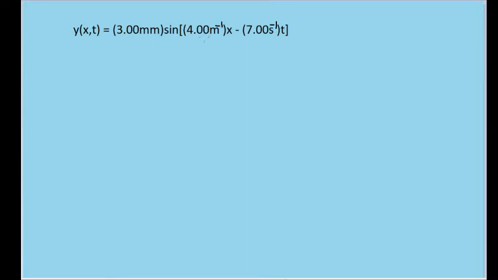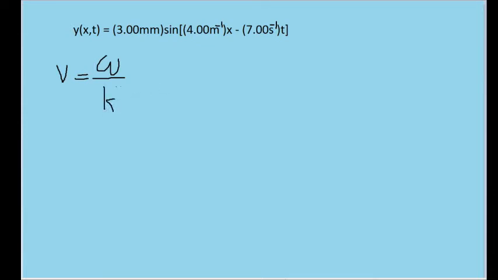Well, if you know your wave formulas, then you know that the speed of the wave is very easy to find using this formula here, where the speed of the wave is equal to omega, the angular frequency, divided by k, the angular wave number.